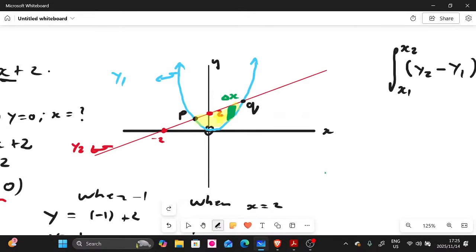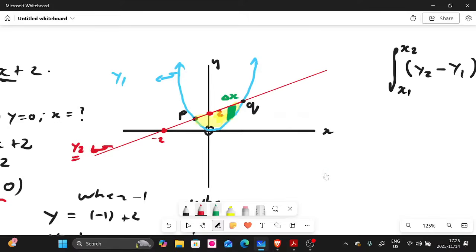Now, the one that is positive, it's always the graph that is on top of the area. Let me use the color of that graph anyway. This graph here that is on top of the area, which is the straight line graph. Do you guys see? We call it y2. So it's the one that is going to be positive because it's on top of this area that we calculated, right?